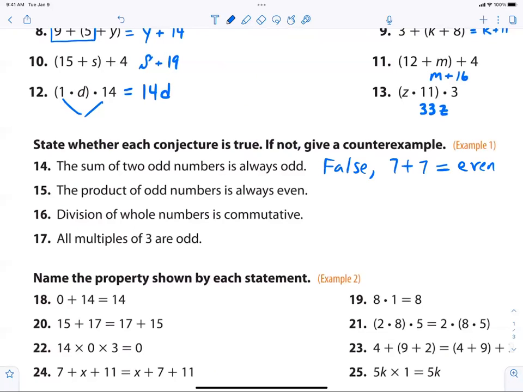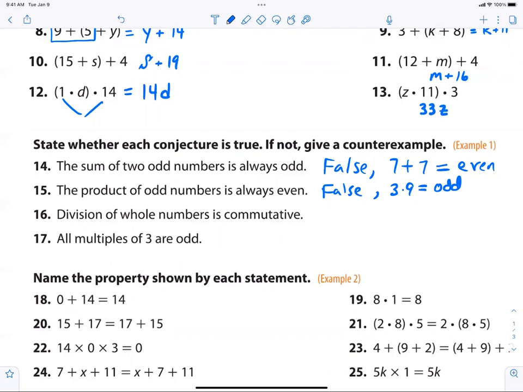William, read me 15. The product of odd numbers is always even. True or false? False. Why? Because odd numbers, what odd numbers are we multiplying? Give me an example. 3 and 9. 3 times 9 is odd. That's your counterexample. Perfect.